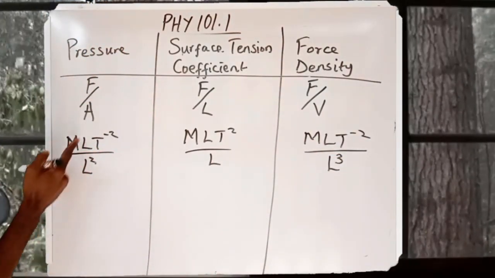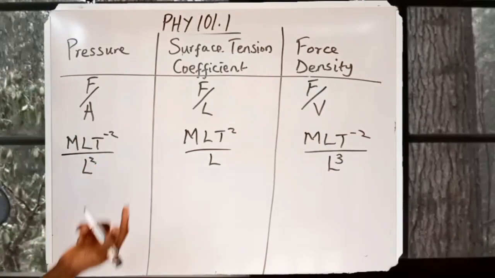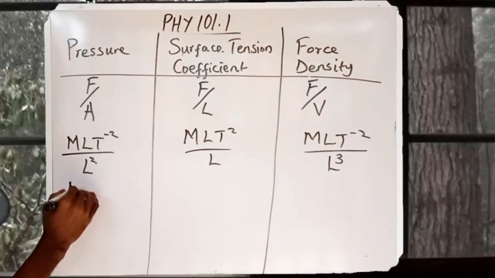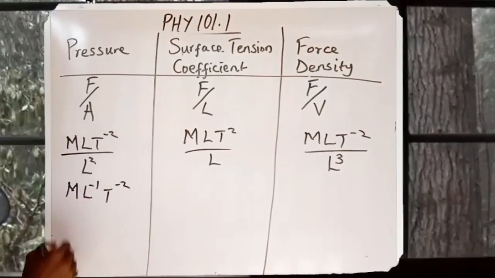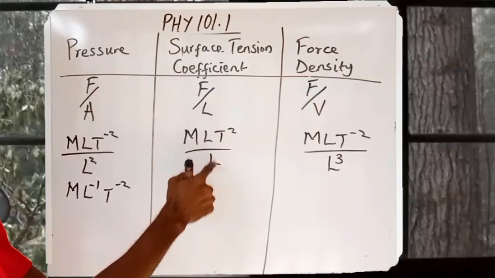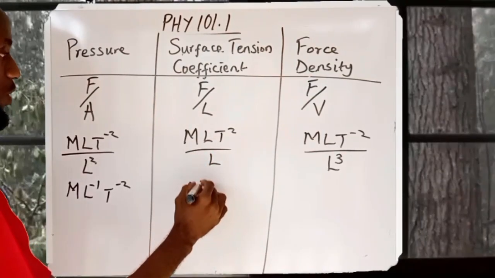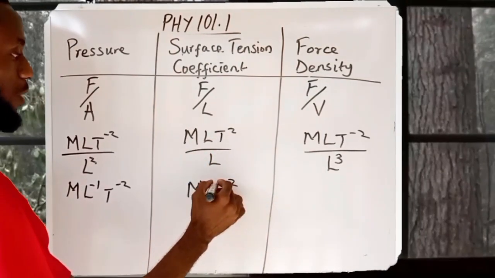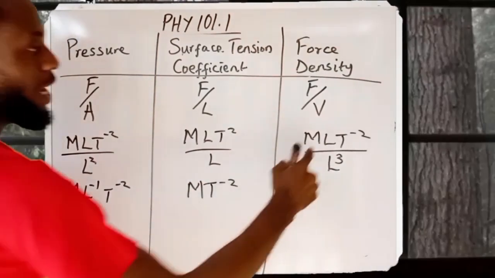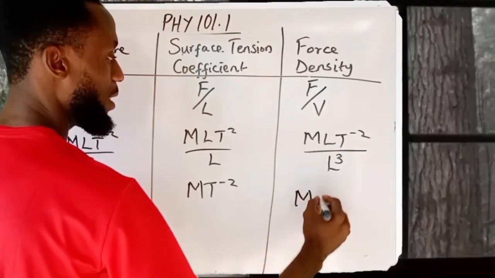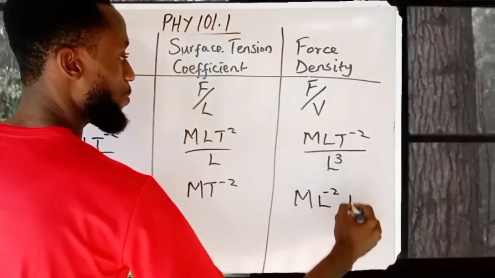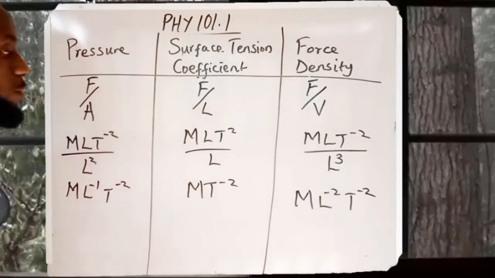Using the law of indices, 1 minus 2 will be minus 1. So this one comes out as M L^-1 T^-2. For this one, the length cancels out, leaving just mass and T raised to the power minus 2. And for this, 1 minus 3 gives us minus 2, so M L^-2 T^-2.